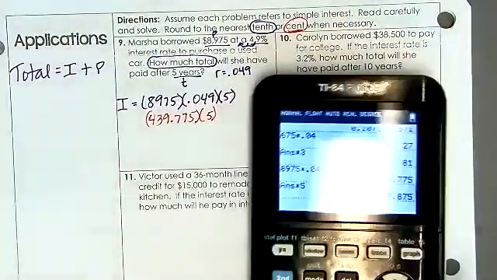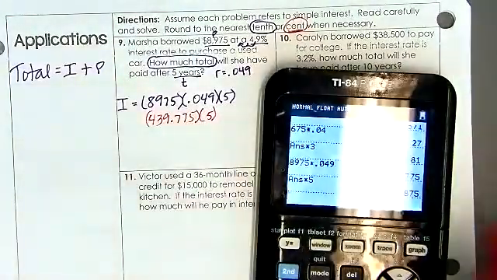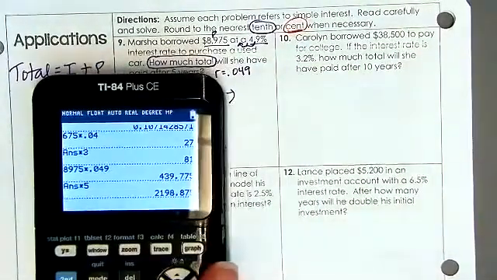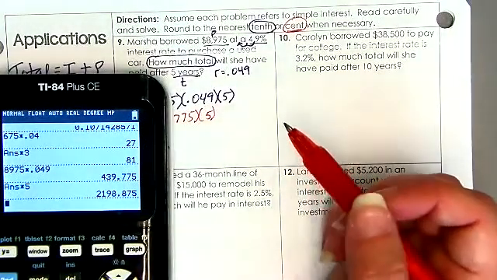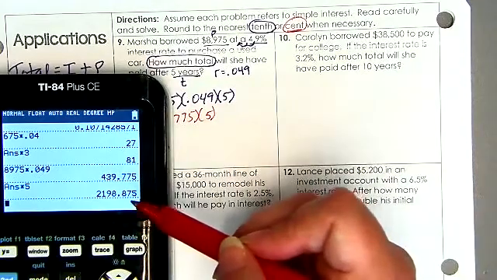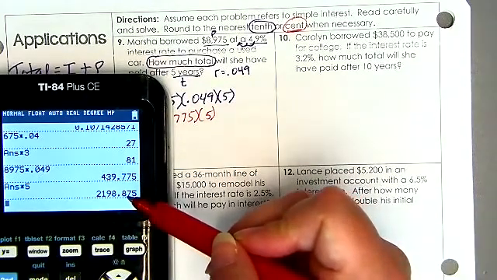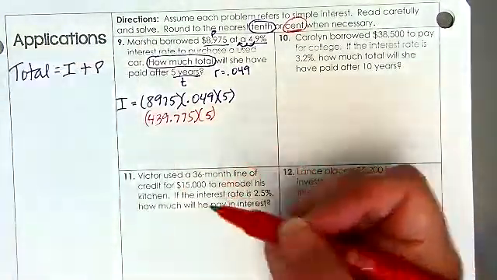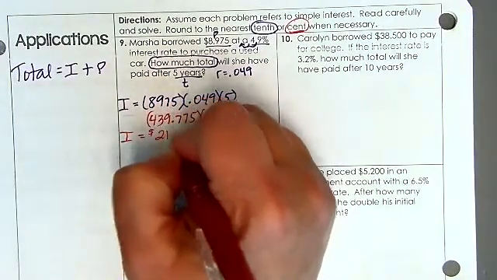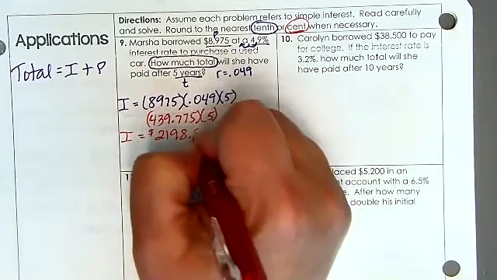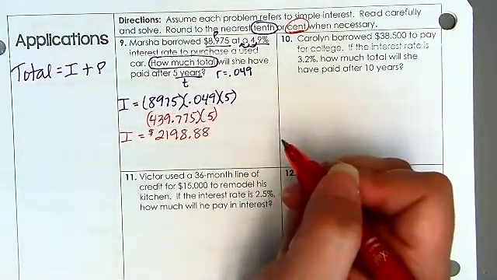When I do this multiplication, I end up with 2198.875, but I'm dealing with money, so I can't have 0.875. I'm going to round the 7 to an 8. So my interest is $2,198.88.